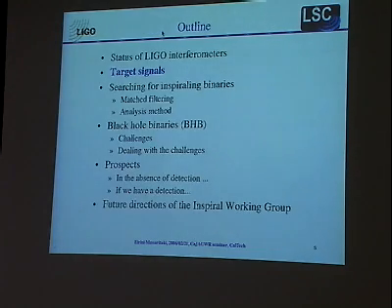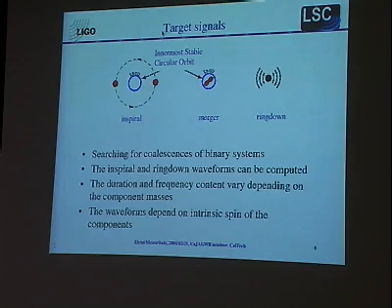OK, so the target signals for the Inspiral group. We're basically looking for coalescences of binaries that consist of neutron stars or black holes. And as you know, those basically have 3 stages: the inspiral, the merger, and the ringdown. The inspiral and the ringdown have waveforms which can be calculated. We know what those waveforms look like.